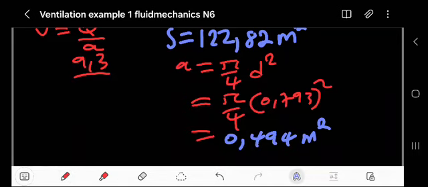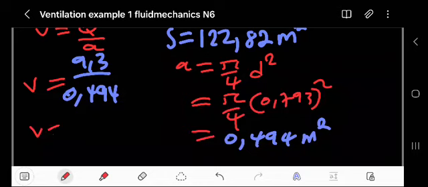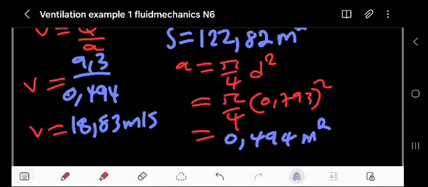Then you divide Q by 0.494. This is V. Punch this on your calculator. You're supposed to get that V, the velocity, is equal to 18.83 meters per second.